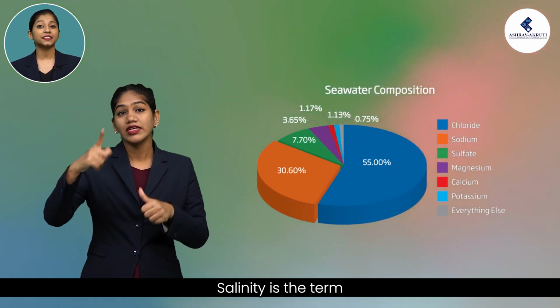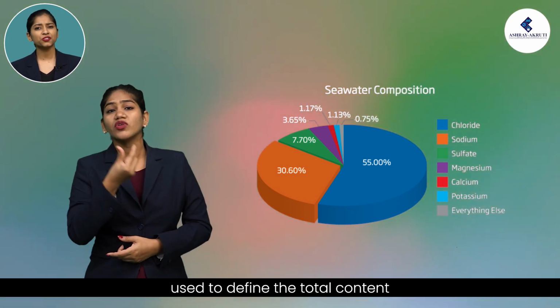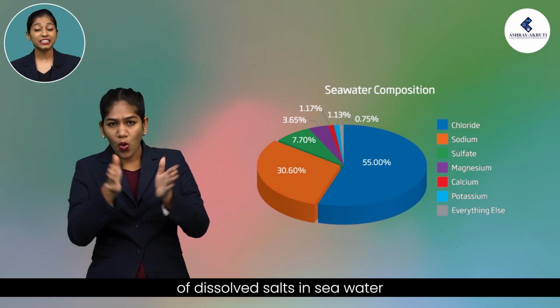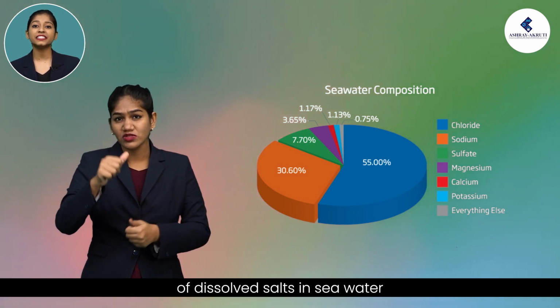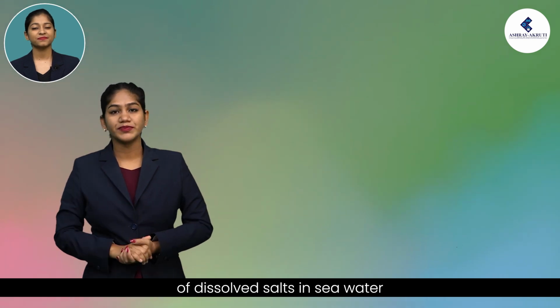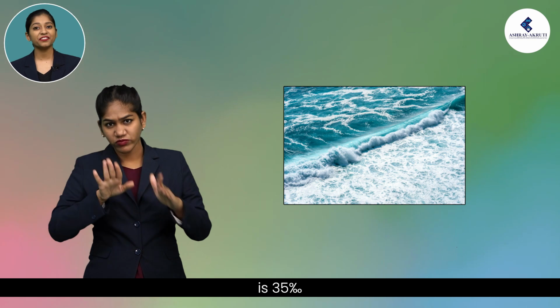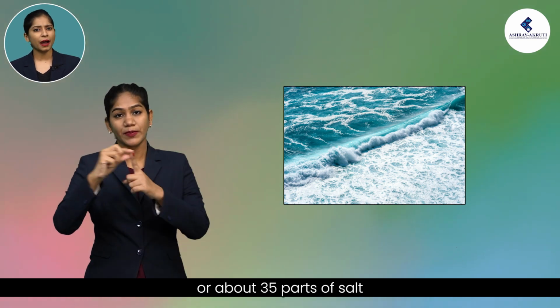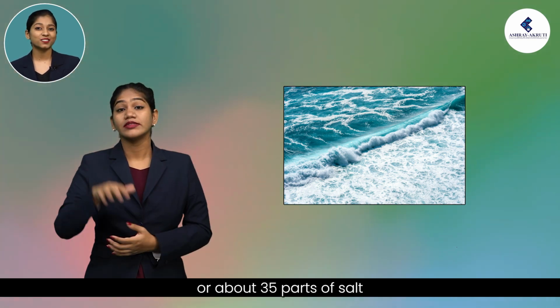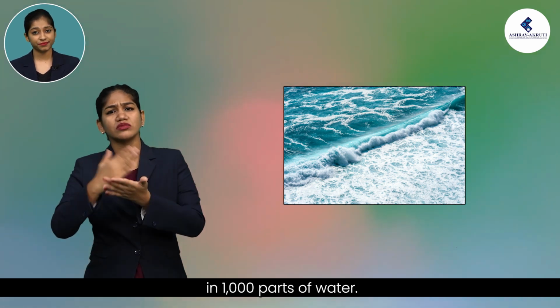Salinity is the term used to define the total content of dissolved salts in seawater. The average salinity of the oceans is 35 ppt, or about 35 parts of salt in 1000 parts of water.